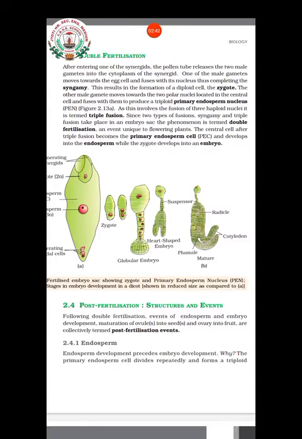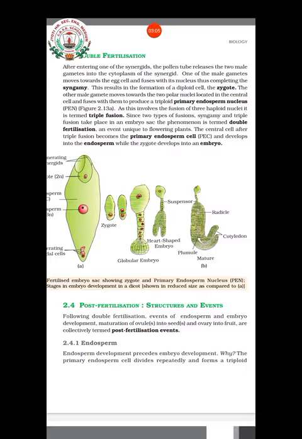So in the cytoplasm of the synergid, the two male gametes will be released, and one of the male gametes will fuse with the egg cell, and that is known as syngamy, fusion of male and female gamete, and this results in a diploid cell.